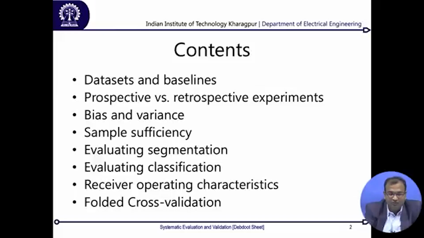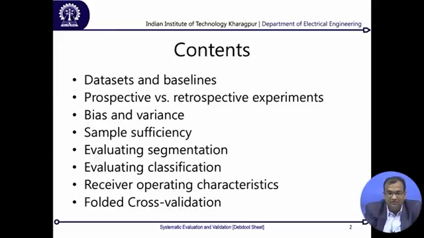Once we have all of this ready, that you know what data sets are, what your baselines are, and where your methods stand with respect to others in a very standardized experiment, the major thing which comes down now is that you need to cross validate.